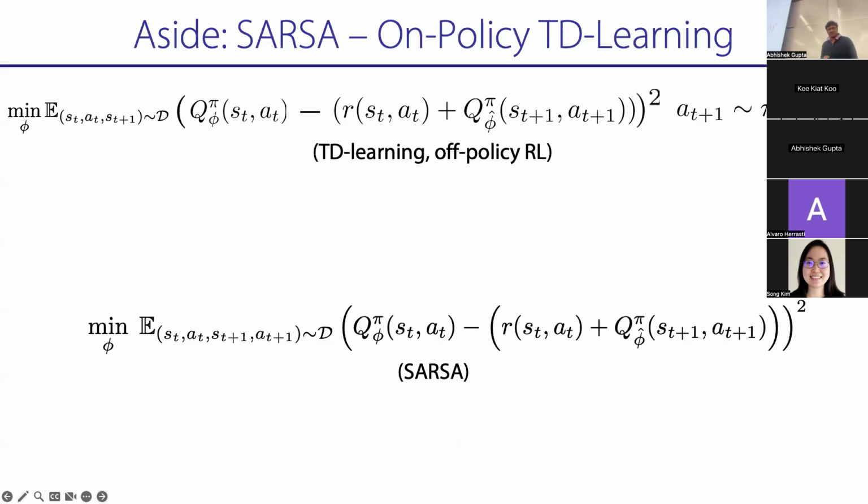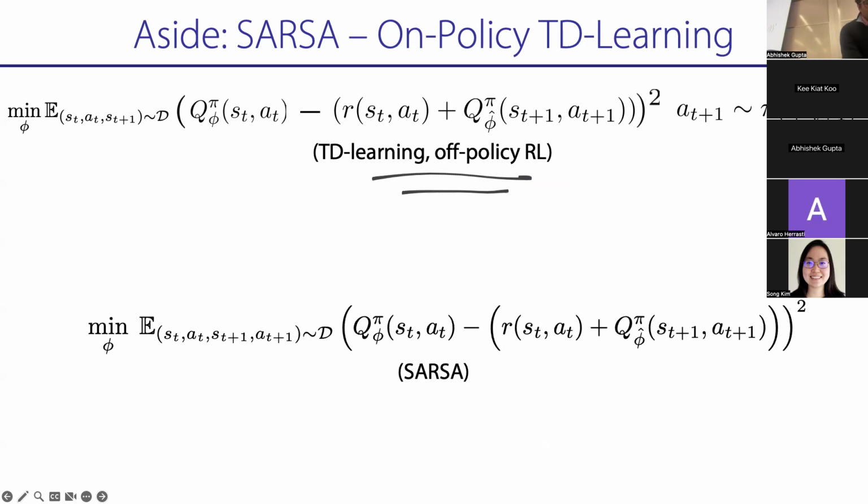There's an algorithm called SARSA. SARSA stands for state, action, reward, next state, next action. What SARSA does is it samples the next action also from the data. So the difference between SARSA and TD learning is that if you want to be off policy, you want to use TD learning, because TD learning is a bit of an overloaded word, but I'm going to call this top thing TD learning.